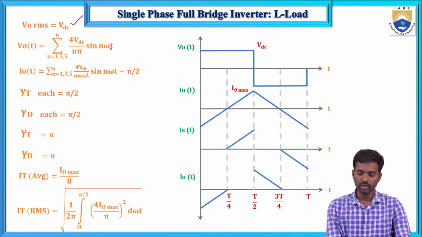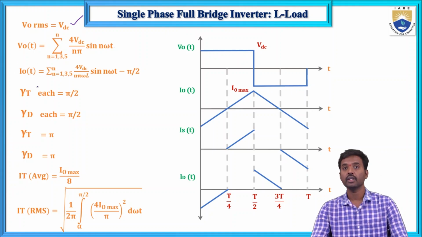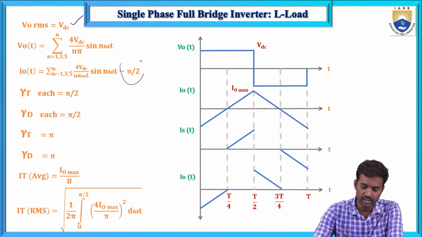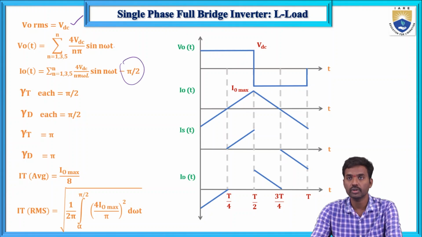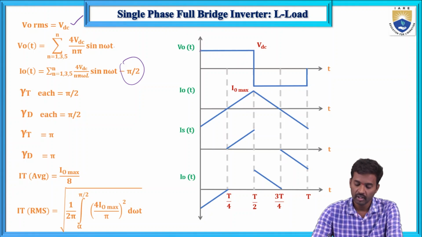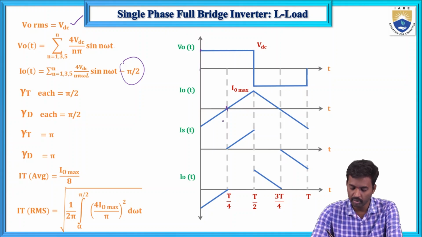Output voltage Fourier series equation is VDC by n pi sin omega t, summation n equals 1, 3, 5 and so on. For I naught, in the previous case this phi value is 0, so for the R load the cosine of the angle between voltage and current is 0. But here it is starting from 0, but here it starts at pi by 4.